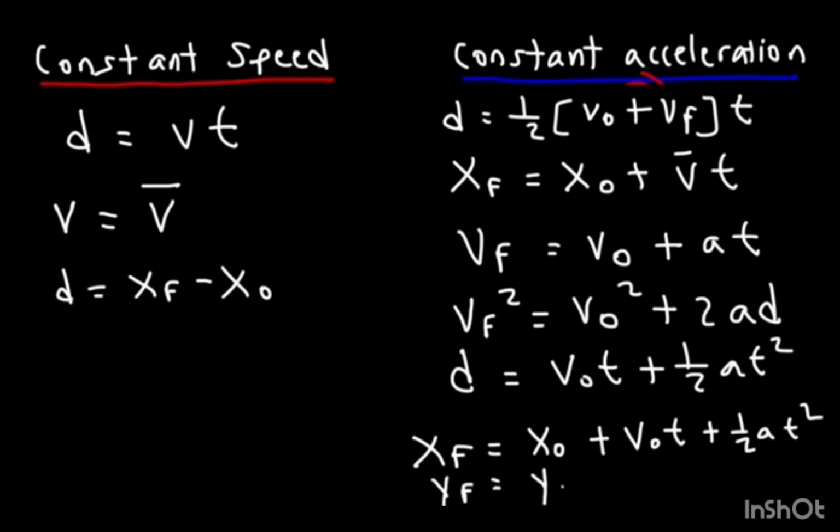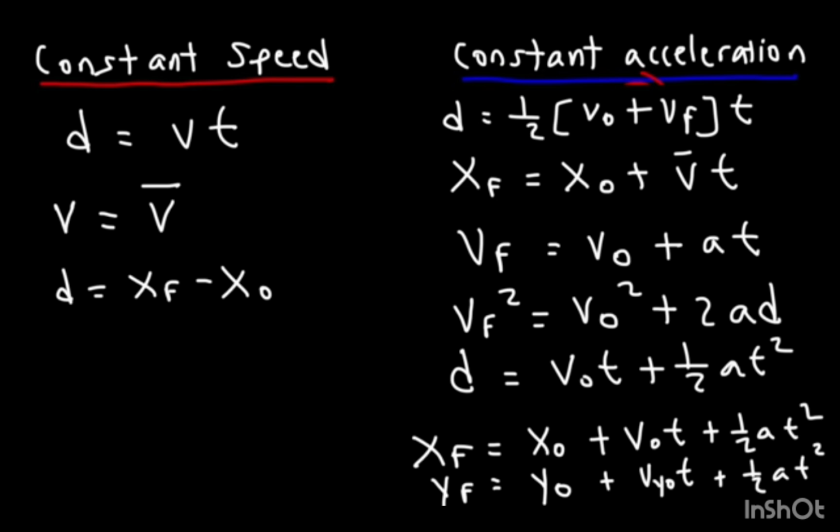Y final equals y initial plus Vy initial t. So that's initial velocity but in the y direction, plus 1/2 AT squared, where A is like the gravitational acceleration in the y direction. So just understand that you can apply these formulas in the x direction or in the y direction.